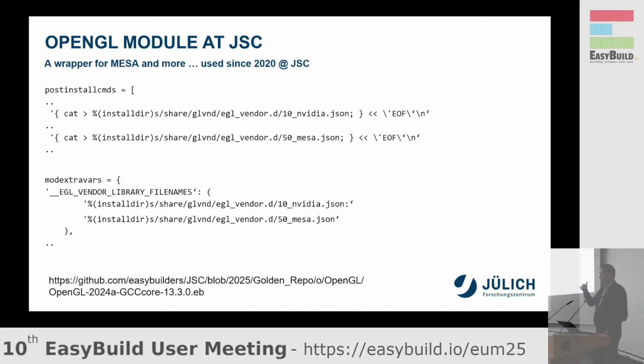Therefore, with EGL it will first try to use NVIDIA, and when it succeeds, it will end up using the NVIDIA implementation for OpenGL. But if it fails and is on a node where there's no NVIDIA, it will then use Mesa.